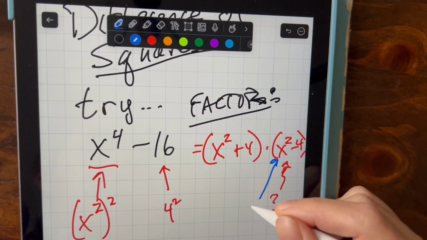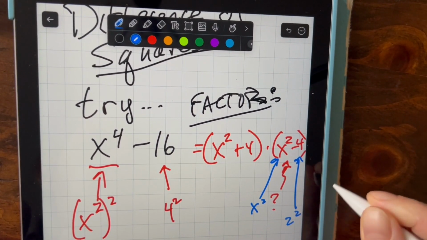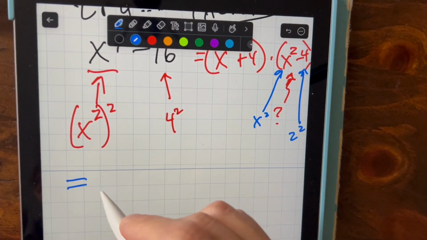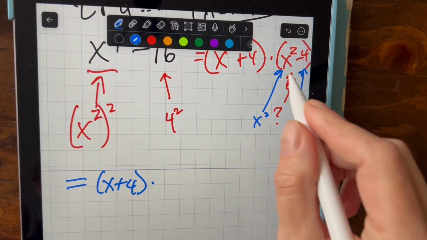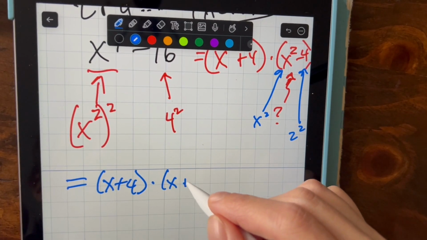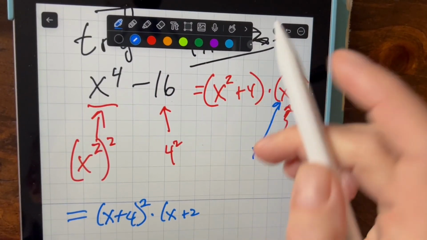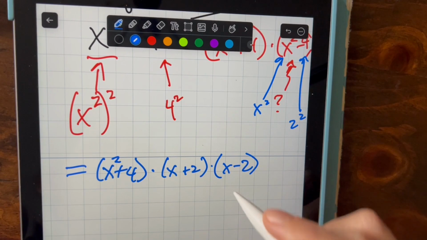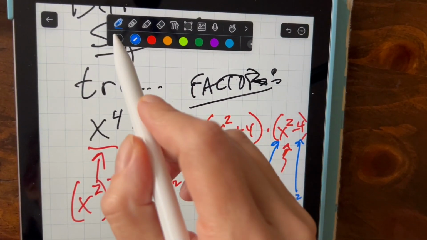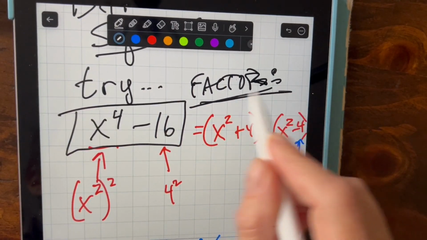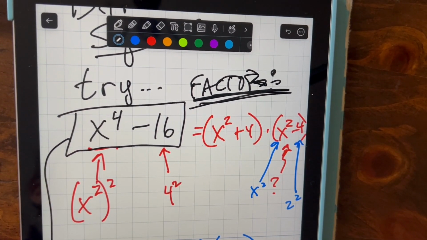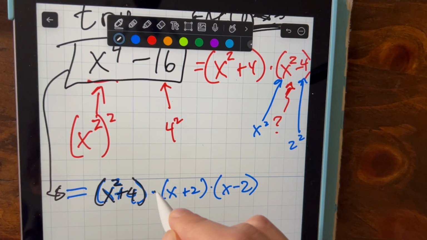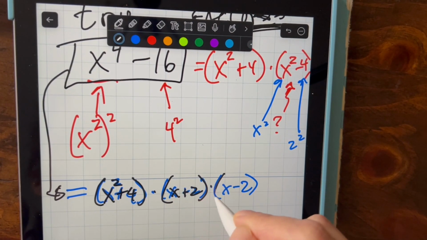This is x squared, and this is 2 squared. So then the whole thing can become x squared plus 4 times x plus 2 times x minus 2. So this factored is x squared plus 4 times x plus 2 times x minus 2.